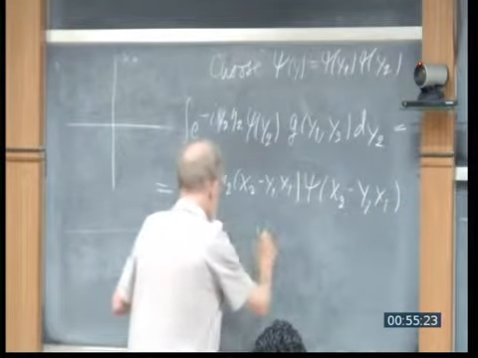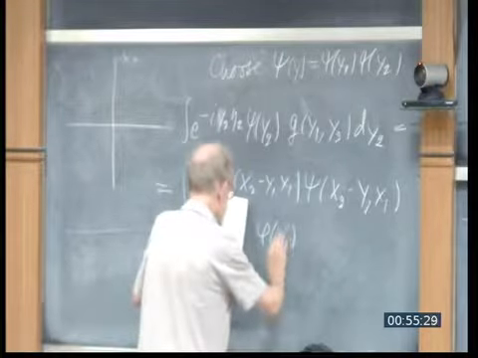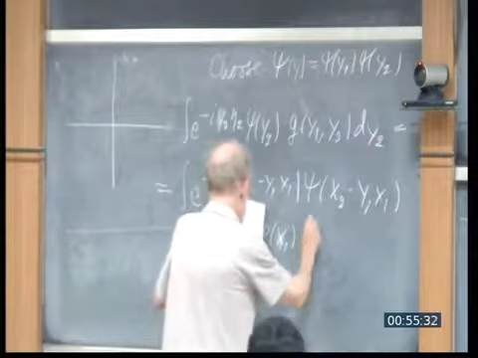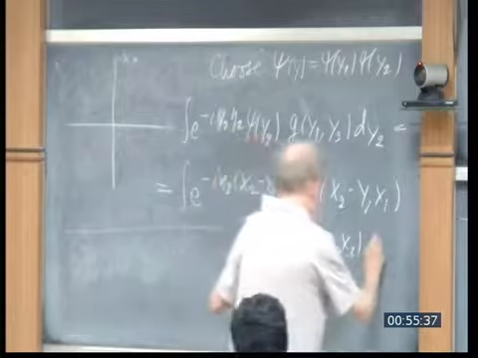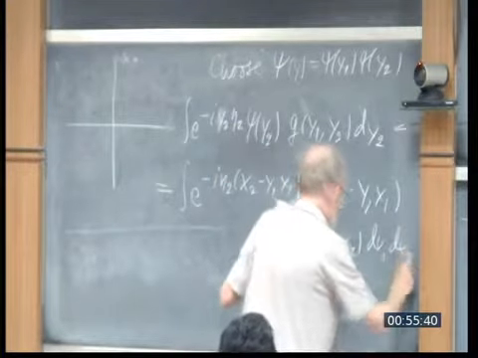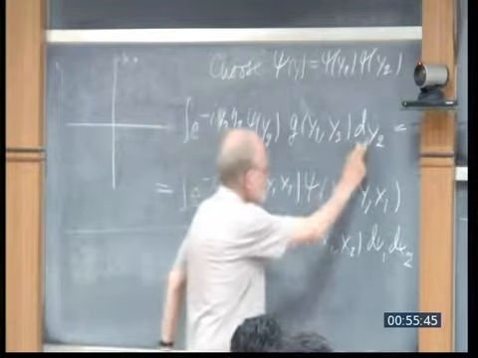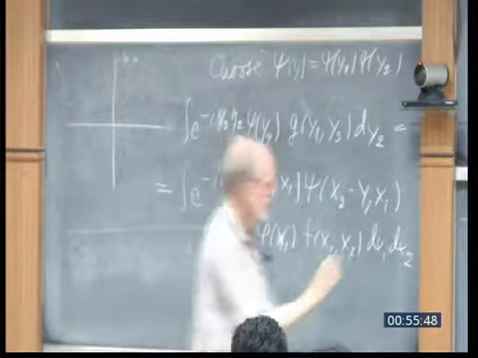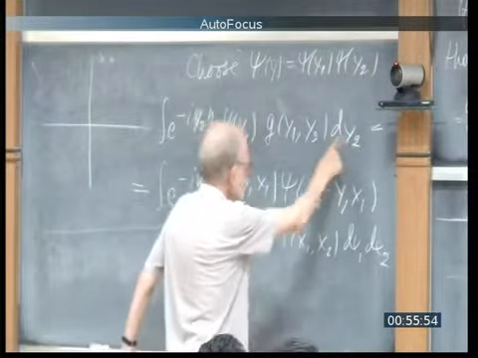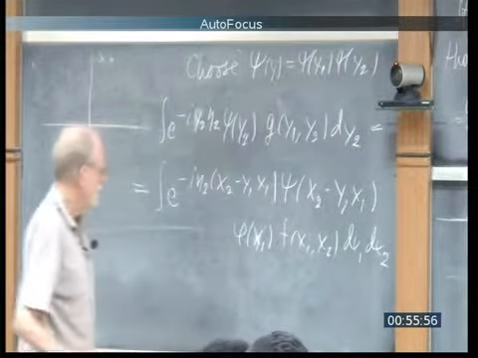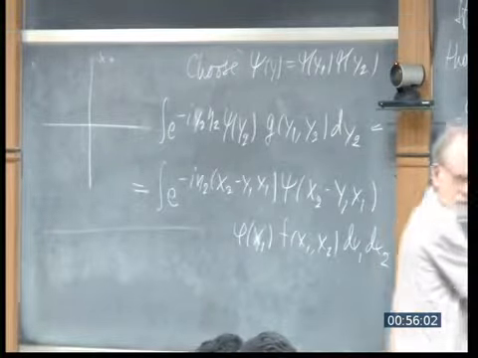I'm sorry, I have to continue here. φ(x1), f(x1, x2). What I've done is make a translation in the variable and change the name of one of the variables. So we have dx1 in the definition and the y2 here, which I just changed the name to. What is φ of x1? It's this here. I chopped it off to get rid of the rest.